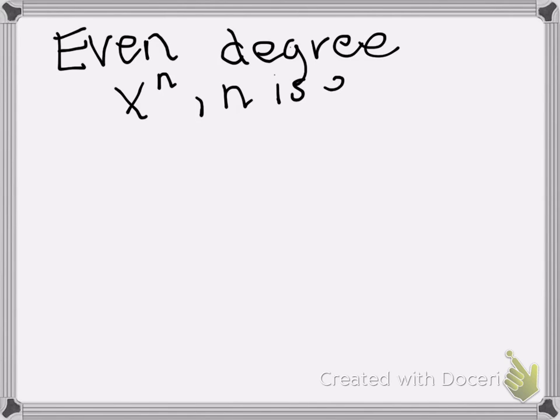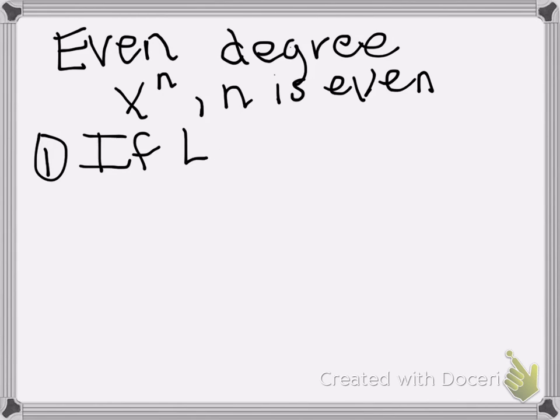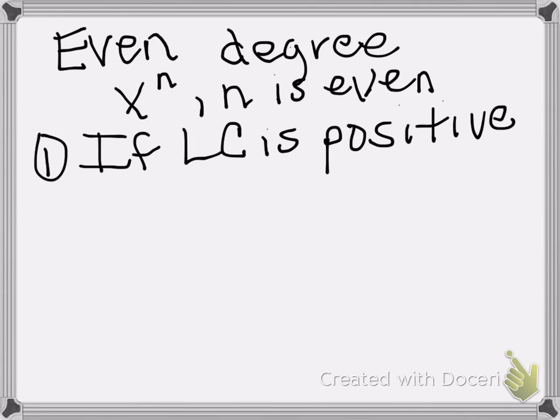And I'm going to do some examples with you in just a second that will help you understand this a little bit better. Okay, so first of all, if your leading coefficient is positive, then your graph rises right and rises left.